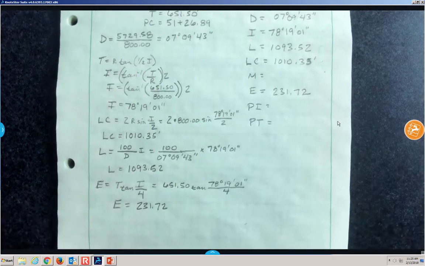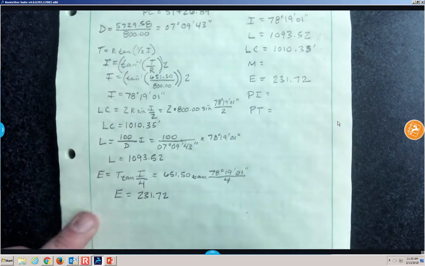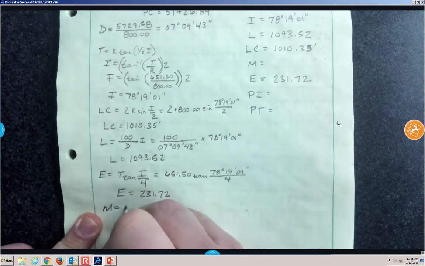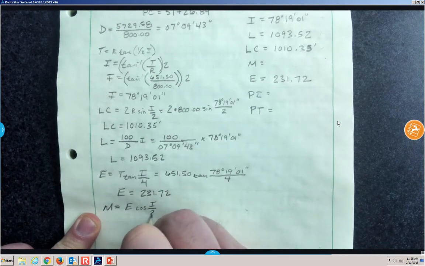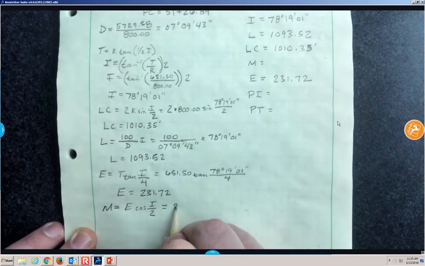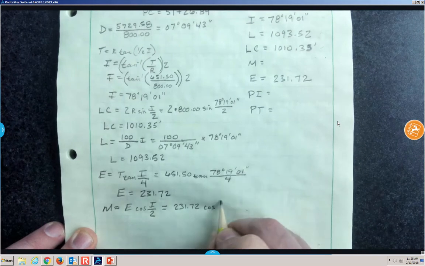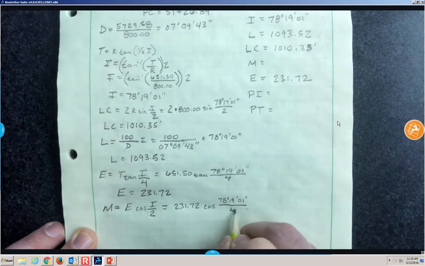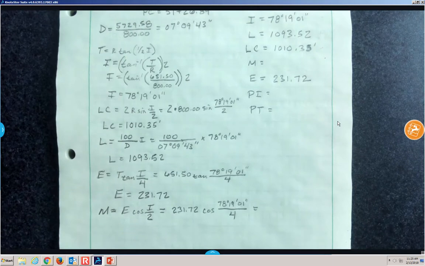I guess one of the last things we need to do is solve for M. M equals E cosine of I divided by 2. So E we just figured out. So what is M? Oh, I did divide by 4.